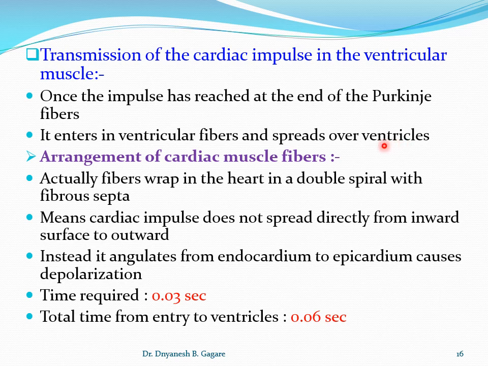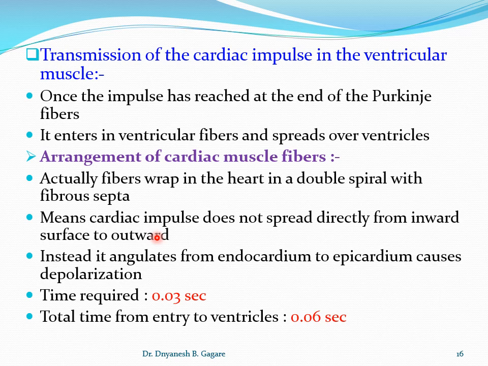It is very important to see the arrangement of the ventricular fiber, because of how the ventricle contracts. The ventricle contracts slowly and generates the force. What is the function of the ventricle? To contract and generate the force to pump the blood into circulation. So the ventricles should contract slowly and produce the force.